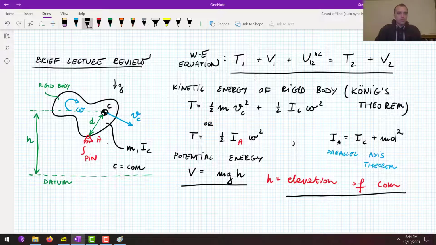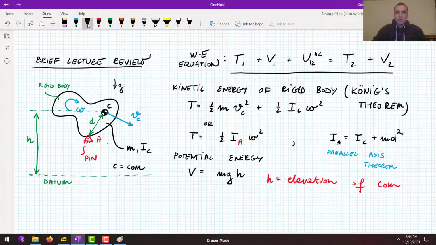As you can see in the picture on the left, I placed our datum here, and our C is h above the datum. That's why the potential energy of our body is mgh. I think I have nothing else to add when it comes to the brief lecture review.